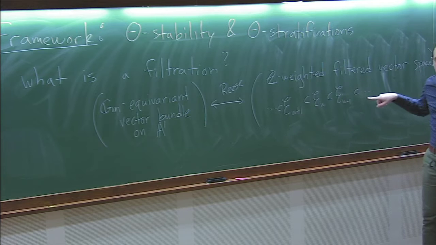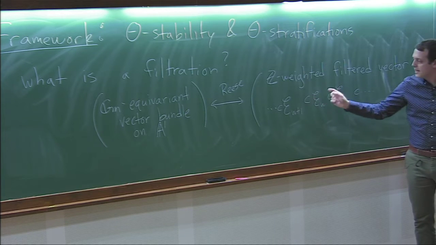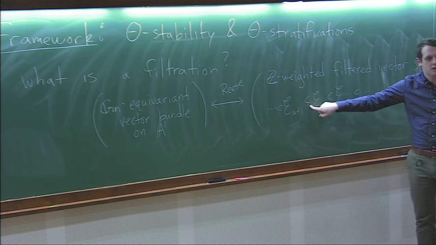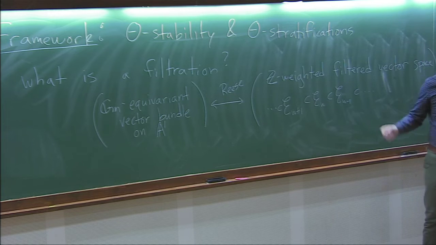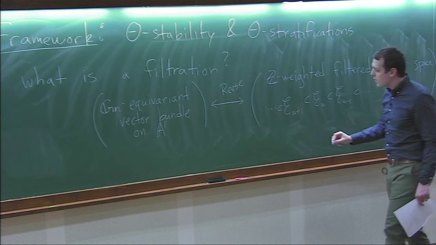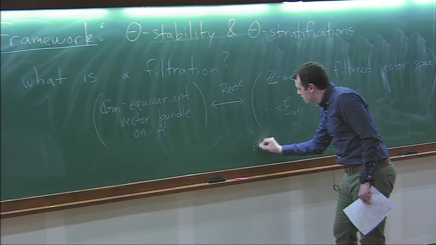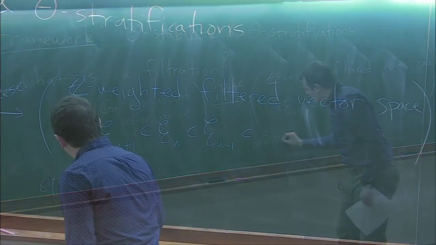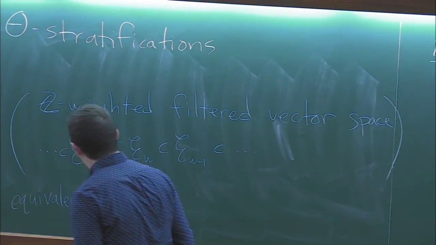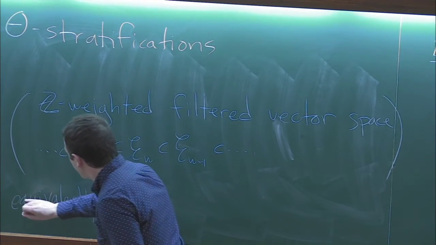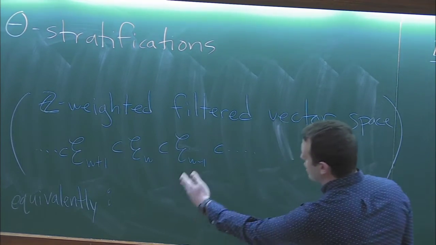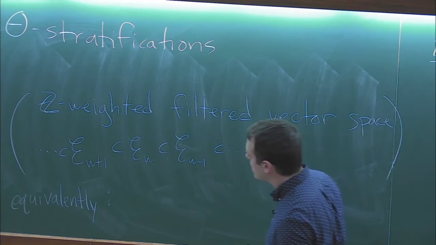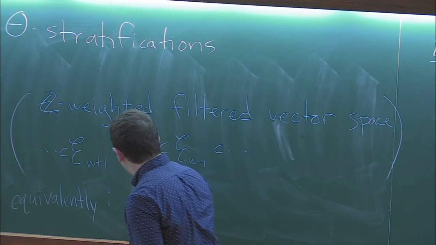So there actually are Z many of these bundles, but because it's a finite dimensional vector space, most of these inclusions are going to be equalities, except at finitely many places. So another way to think about this, equivalently, it's a finite filtration. So I just have to say what are the actual bundles that appear somewhere in this sequence?